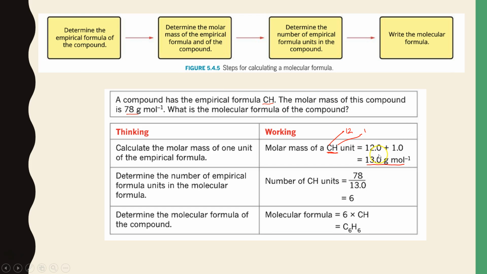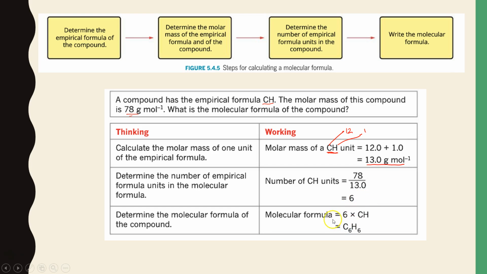So now we have to work out the number of empirical formula units in the compound. So we divide the molar mass of the compound by the molar mass of that particular empirical formula. So 78 divided by 13, which gives us 6.